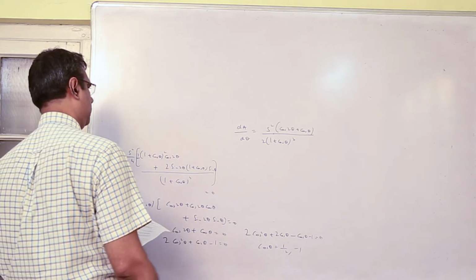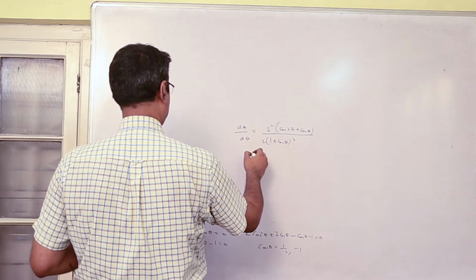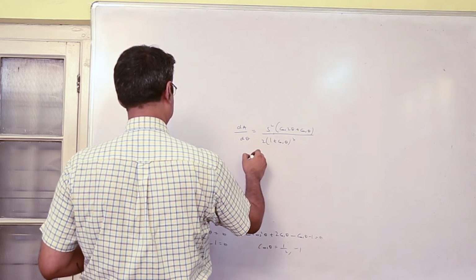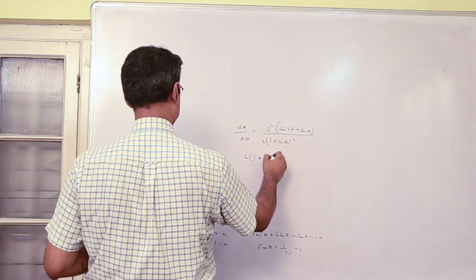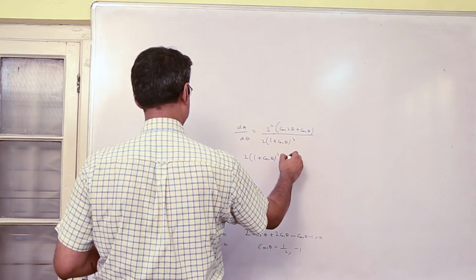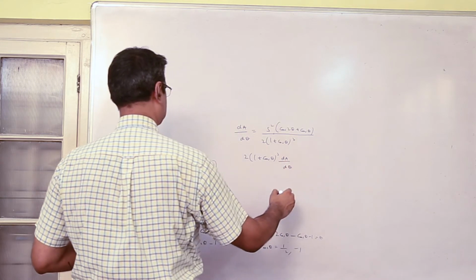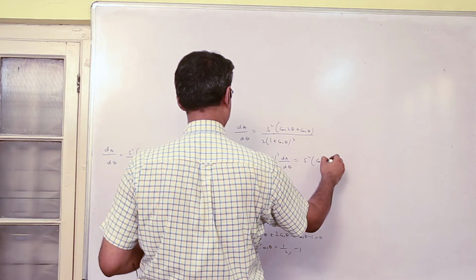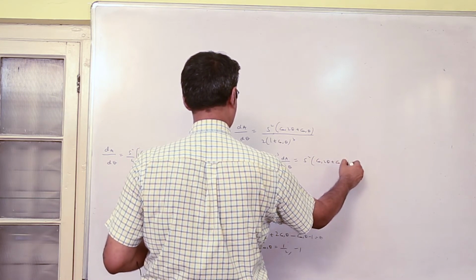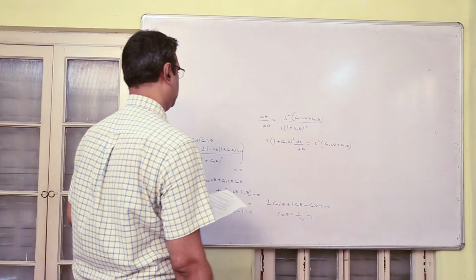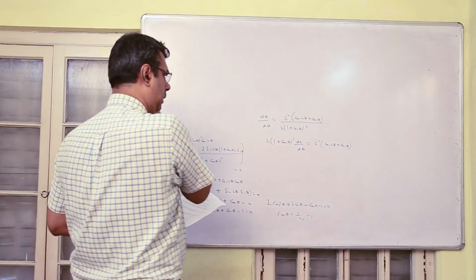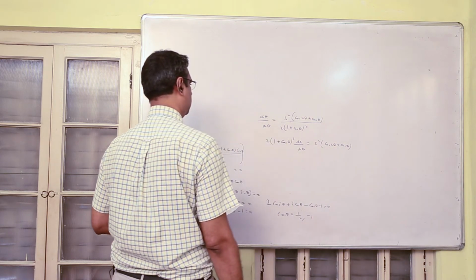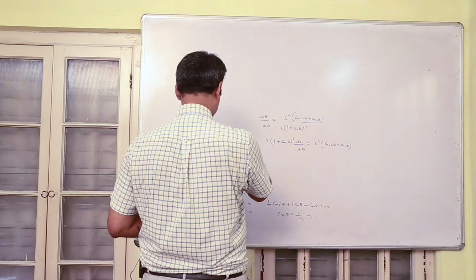This is the expression for dA by d theta. So 2 into (1 plus cos theta) whole cube into dA by d theta is s square into (cos 2 theta plus cos theta).